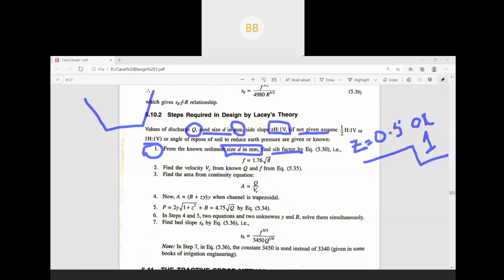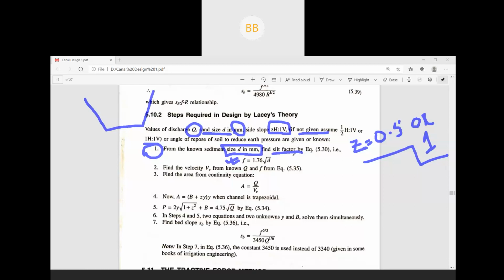D is nothing but the size of bed material, or you can say size of sand, but it should be in mm. If in the numerical your bed size is given in centimeter, you have to convert it first into mm and then substitute here. This equation is valid when you substitute the d value in mm.